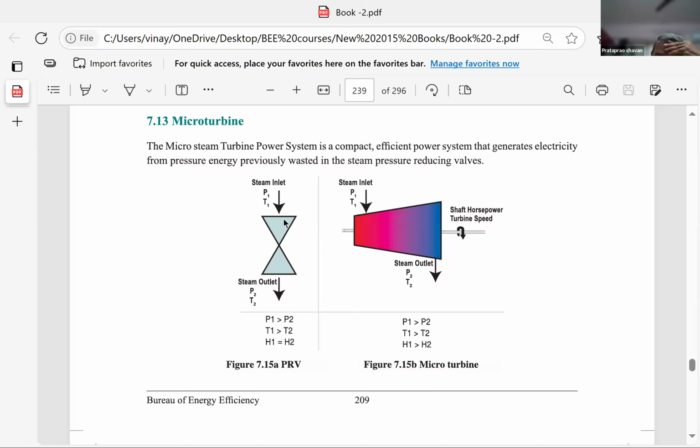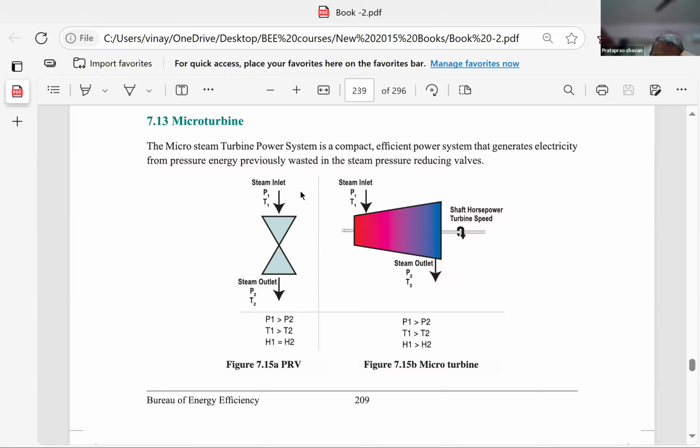Now, here there is no heat loss, but by accepting small heat loss, this turbine can make a generator rotate, and a small production of say 4 kW, 5 kW can be achieved without any change in the process value.